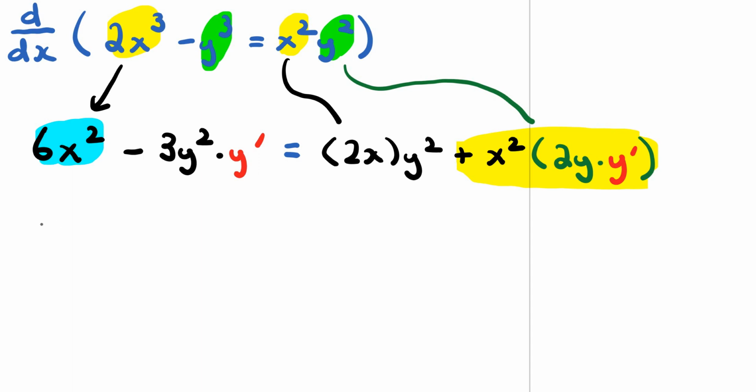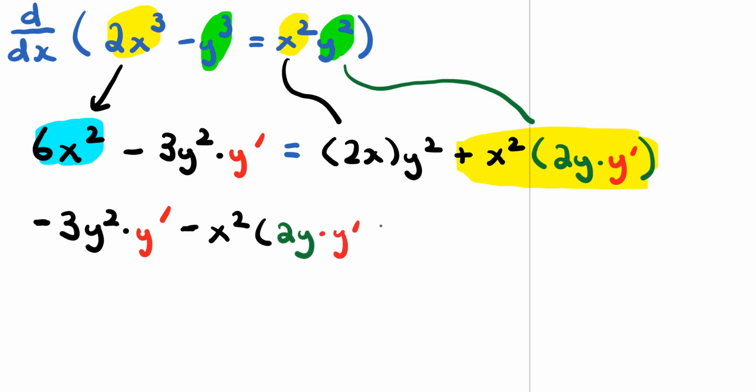If I do that correctly, I should get negative 3y squared times y prime, and then minus x squared bracket 2y times y prime, and I can close that bracket, equals 2xy squared minus 6x squared. Okay, so there's the algebra if I interchange the yellow term and the blue term.